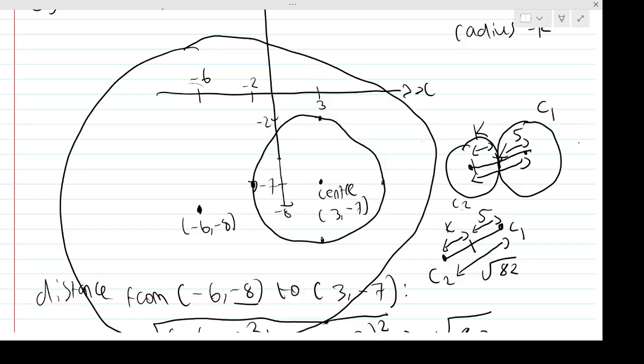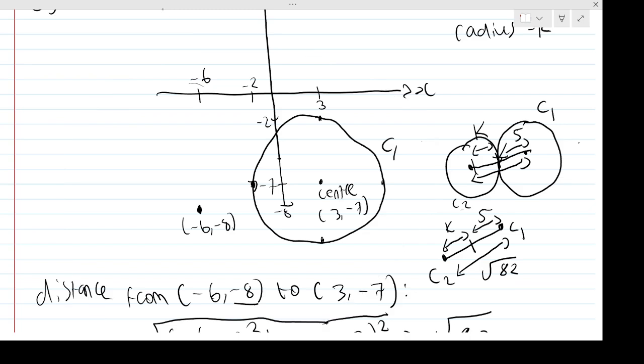So therefore it's not going to intersect the circle C1 at all. So therefore there'll be no intersection. So actually then we need to consider an upper limit as well, where we can't make the radius of the circle C2 bigger than it.